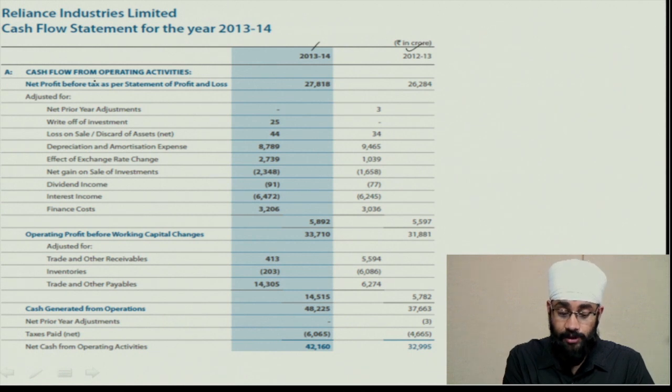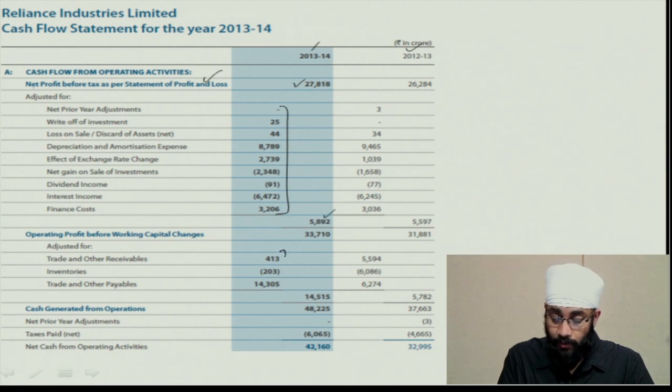So in the first section, we start with net profit before taxes as per statement of profit and loss. So this is the accounting profit that we said is not equal to the cash profit. So we start with this profit figure, and then we do some adjustments here, backward calculations, and we figure out the amount of cash profit.